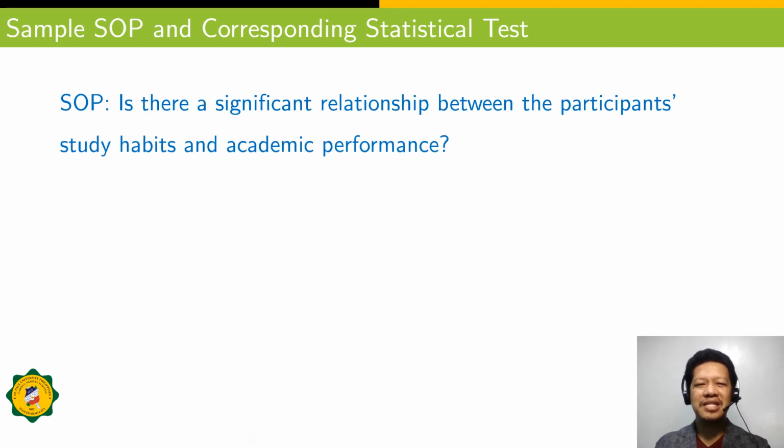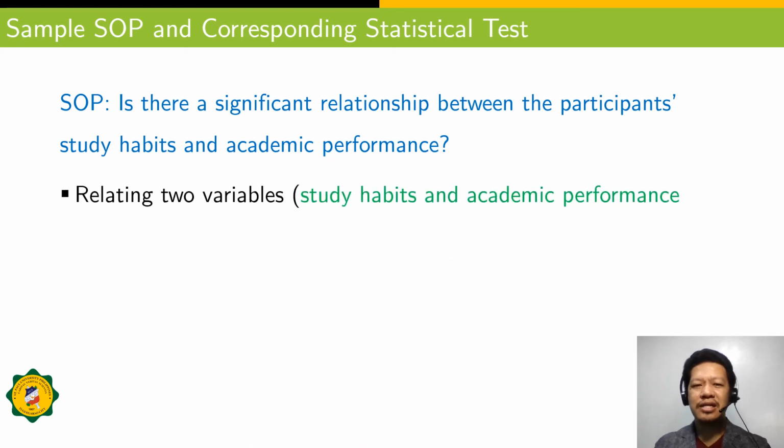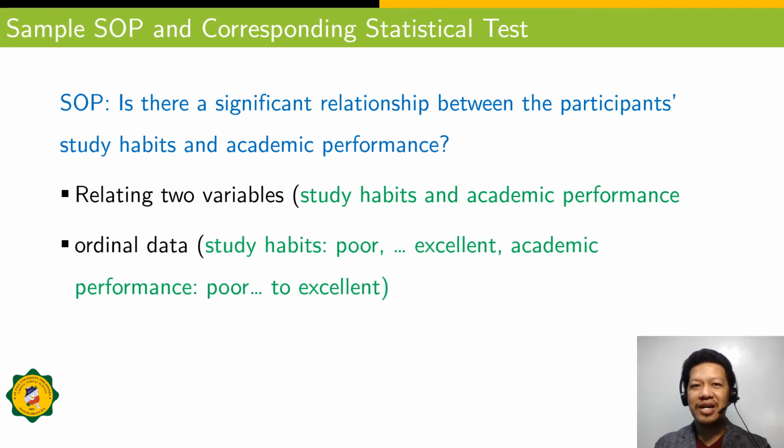And look, we have the same SOP as the previous. Is there a significant relationship between the participants' study habits and academic performance? But this time, instead of numerical or quantitative data, we need to collect qualitative data. So instead of numbers, we want to have levels.